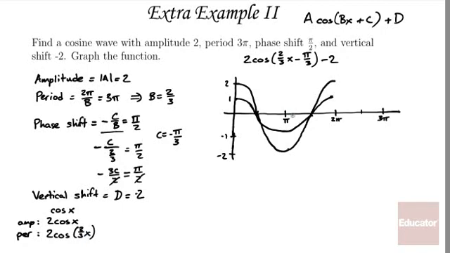So let me give myself some coordinates here. It's still going to start at 0, but it's going to finish up at 3 pi instead of at 2 pi, and it's going to bottom out halfway between them, so that's at 3 pi over 2.